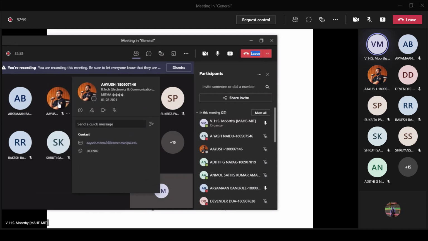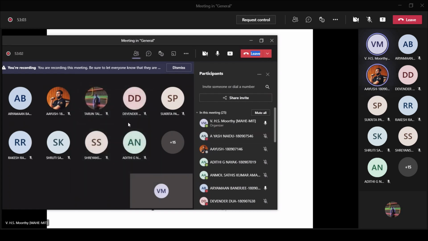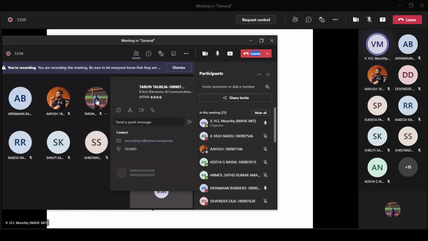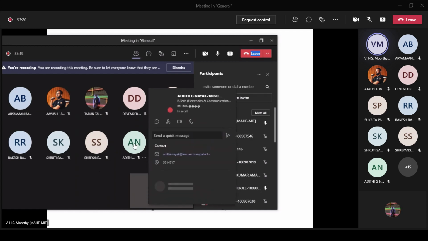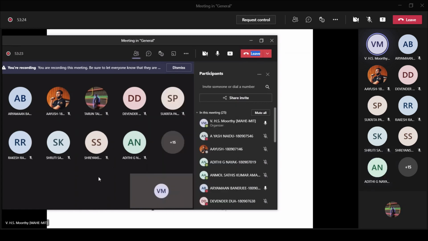Yes, sir. Please write all these things in your notebook. Tarun, please do. It may look very easy while you are listening, but once you write in your notebook, it will be easier for you to understand and remember things. Aditi? Yes, sir. Please write in your notebook, madam.